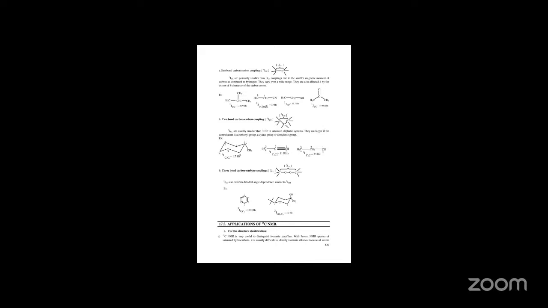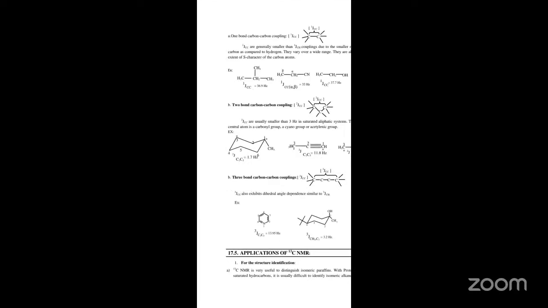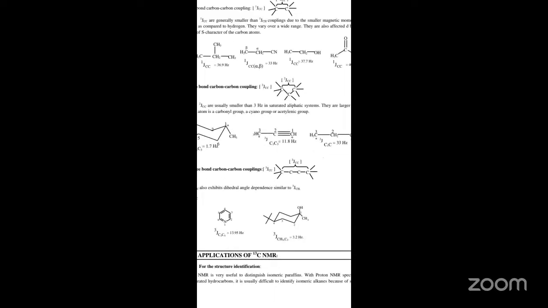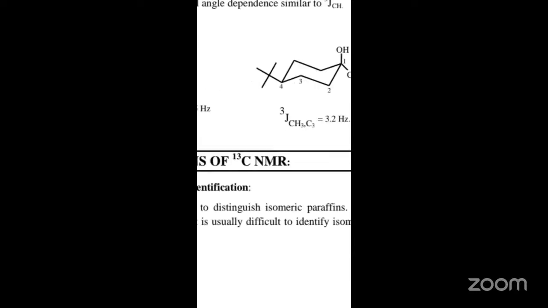Next, applications of C13 spectra. Generally the C13 spectra is applied in a variety of fields. First we'll apply the C13 spectra for structural identification. It is a very useful spectrum to distinguish isomeric paraffins.